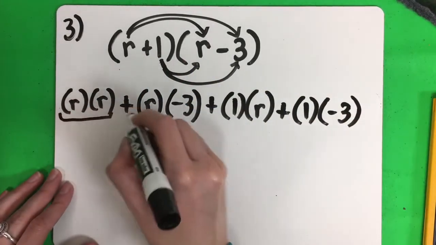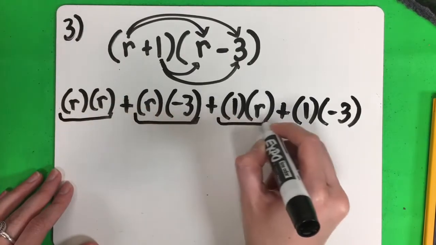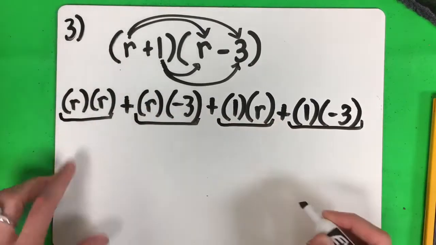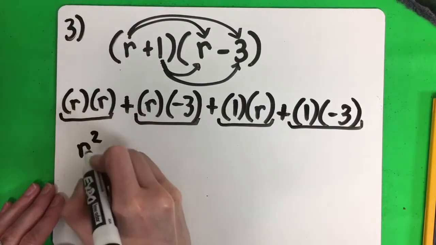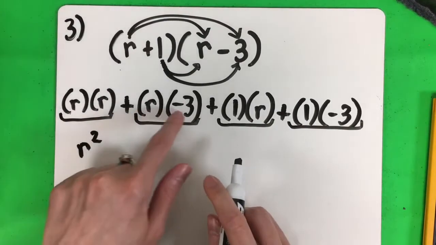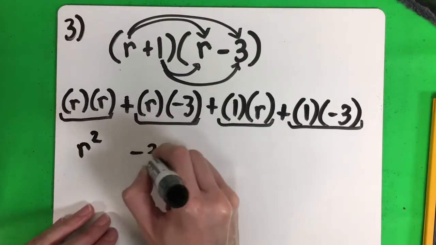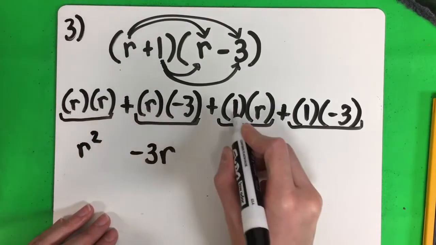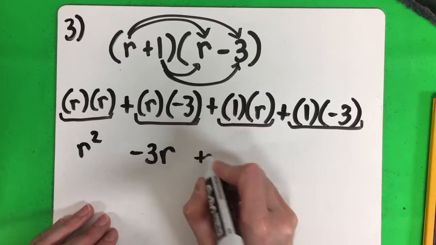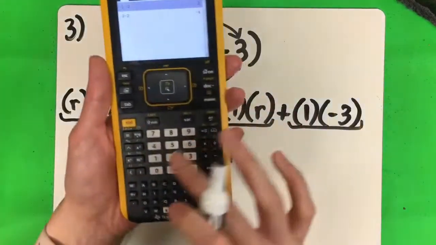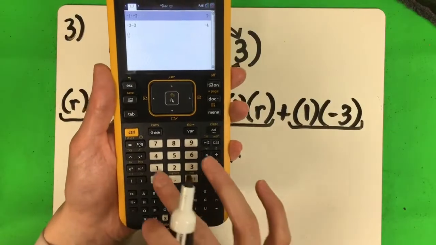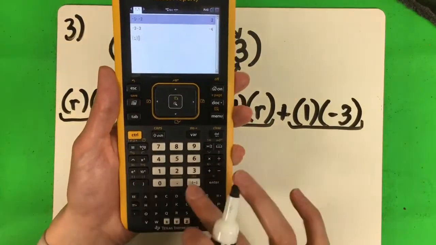Okay, so we're going to do our parenthesis groups. There's always 4 here. r times r is r squared. I have 2 r's. r times negative 3 is negative 3r. 1 times r is positive 1r. 1 times negative 3, we're going to practice putting in the calculator.